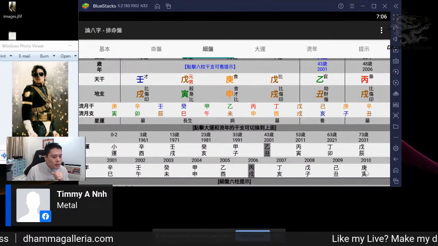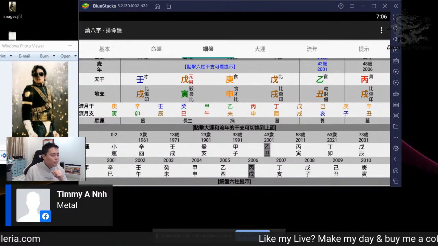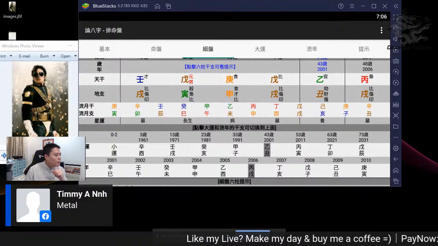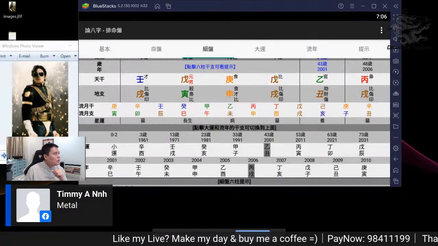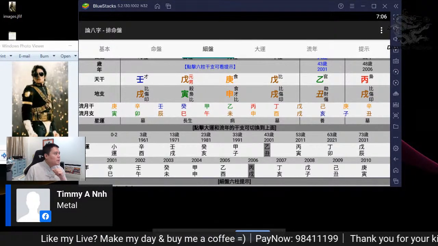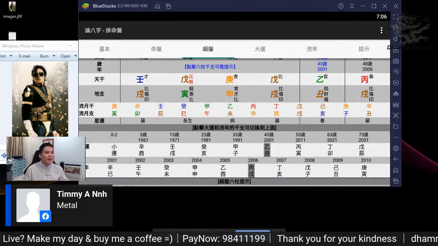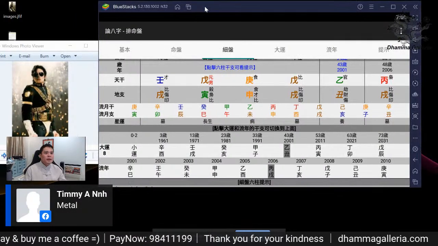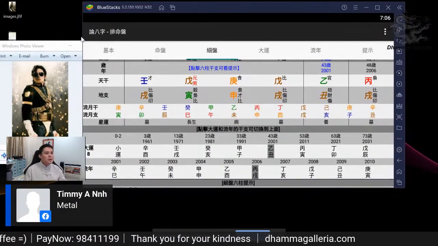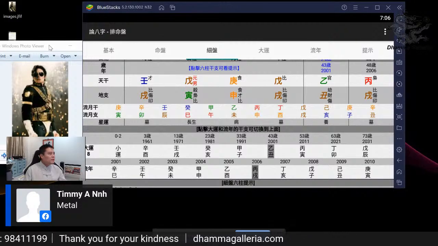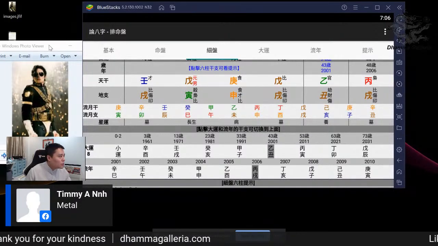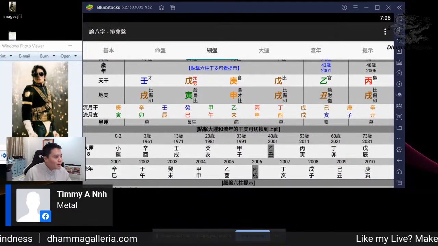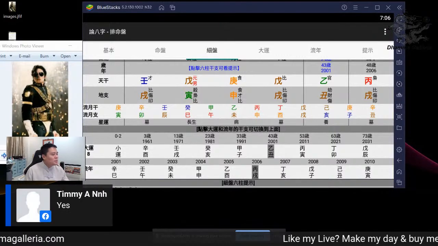Are you able to understand this point, Timmy? So Timmy, I hope I have answered your questions. So it's quite interesting, right? We can actually determine when is one's death by looking at the BaZi chart also. All right, good that you're able to understand this point.